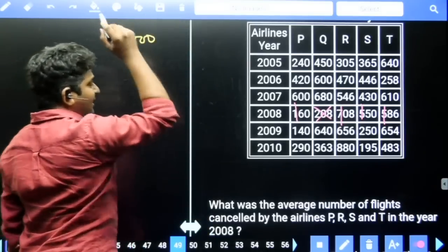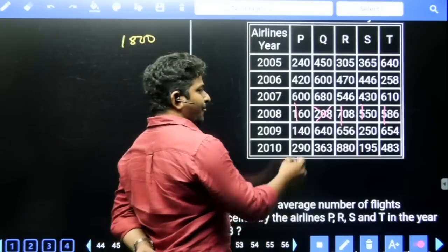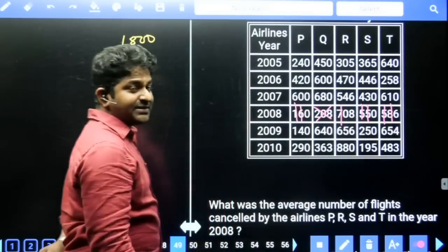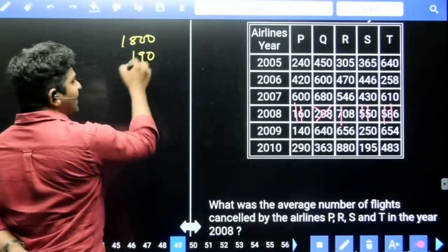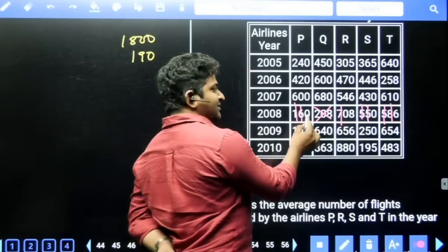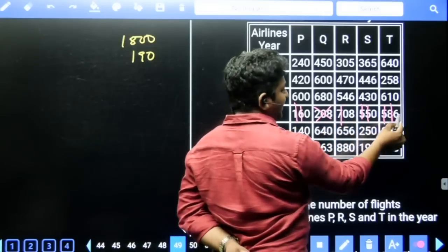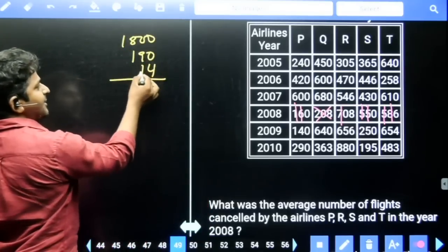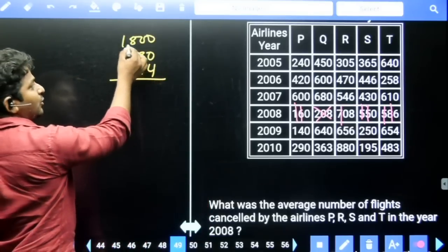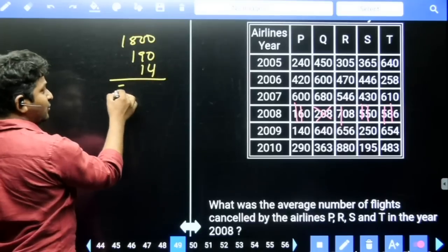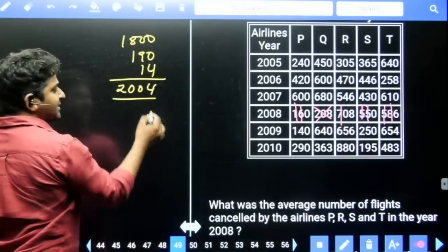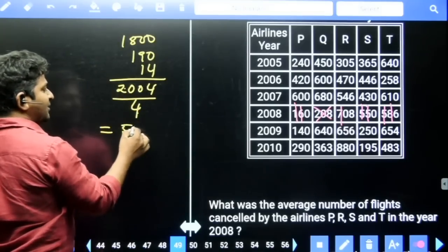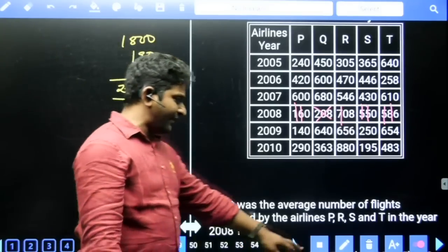Next are the tens places. 60, 50, 110 plus 80, that is 190. Now the units places. 0 plus 8, 8, 8 plus 0, 8, 8 plus 6, 14. Add 14 to 190, that is 200, and 200 plus 1800 is 2004. As your question is about the average, divide by 4. That is 501 as our final average.